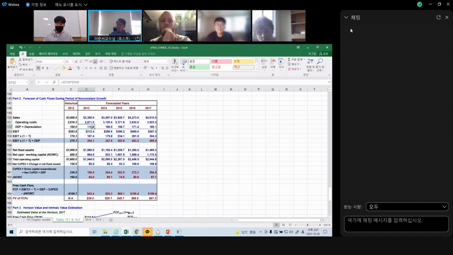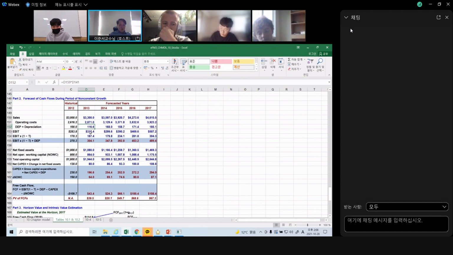But based on finance, this is not a cost, because even if we recognize the depreciation as a cost, from the point of view of cash flow, that amount does not flow out, right?